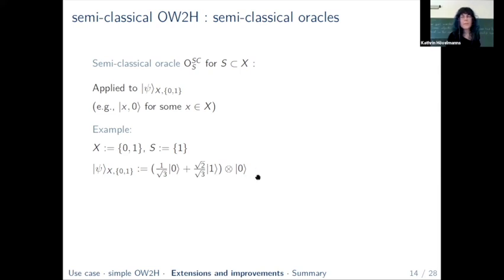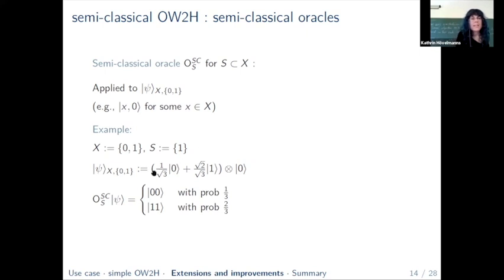Now we want to see what the semi-classical oracle does to the state. First, |0, 0> will be mapped to |0, 0> because 0 is not in S. And |1, 0> will be mapped to |1, 1> because 1 is in S. And afterwards, a measurement is performed, so the whole state will turn to |0, 0> with probability 1/3 and |1, 1> with probability 2/3.